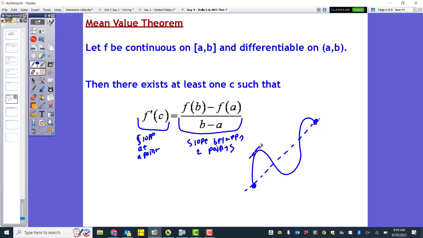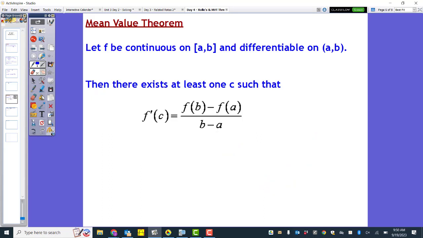So this slope right here would probably match, or this one, or this one a little bit. Maybe. It might be a little more off. But it's saying it has at least one point where the average rate of change is equal to the instantaneous rate of change.